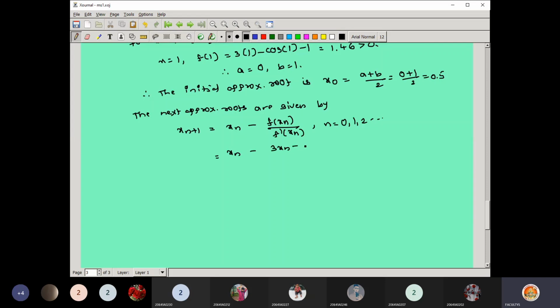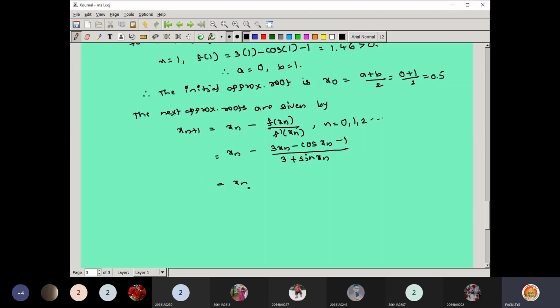3xn minus cos xn minus 1, total it is divided by the derivative. So 3xn derivative is 3, minus cos derivative is plus sin xn, and minus 1 derivative is 0.